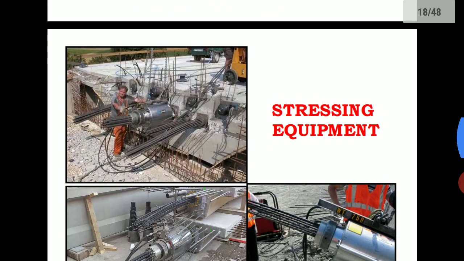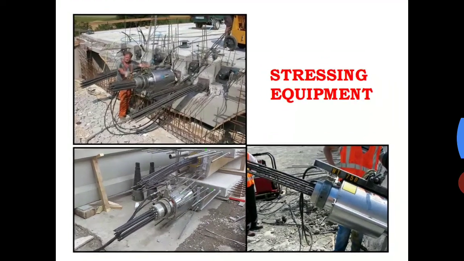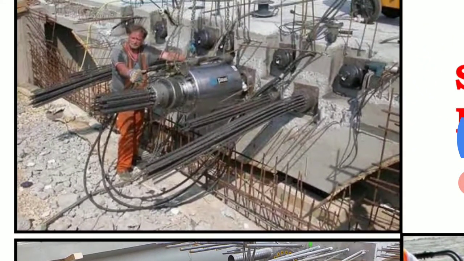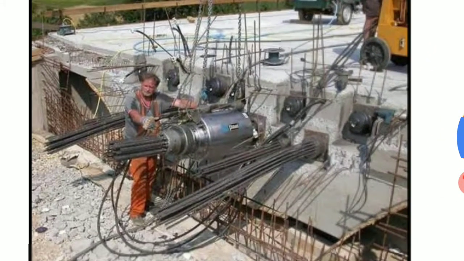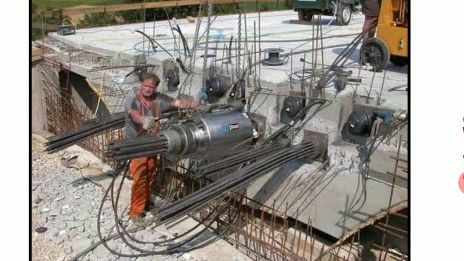So next, stressing equipments. Here you can see, whatever the steel bars, or what we can call the tendons, after placing the concrete, it will come with respect to a different stressing part, that is pre-stressing and post-tensioning. Depending upon that requirement, we can use this equipment for the stressing part, right?